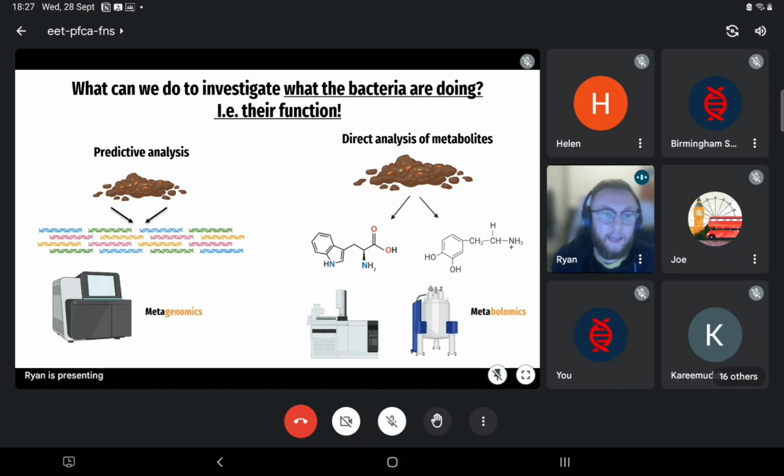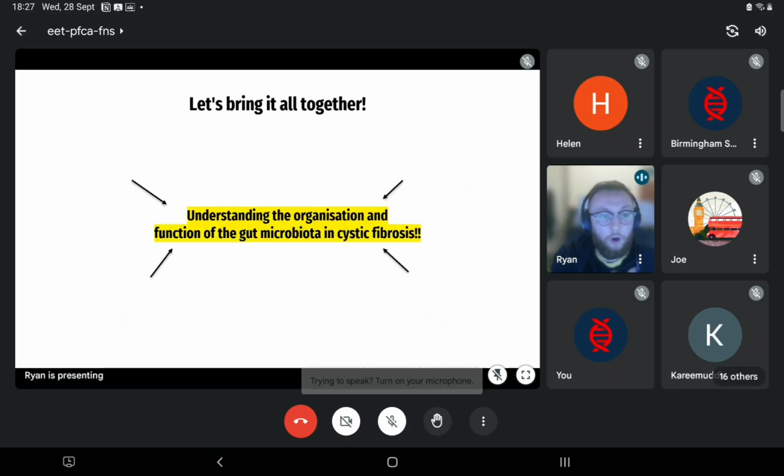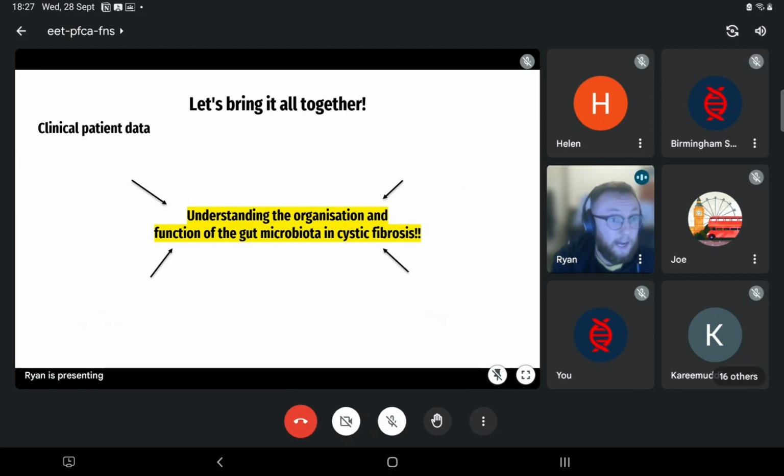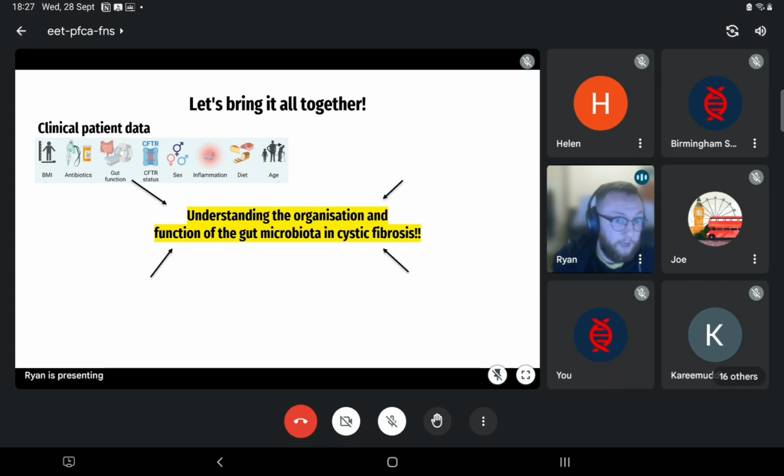So if we bring all of that together, if we want to understand the organization and the function of the gut microbiota in cystic fibrosis, we can take our clinical patient data: the antibiotics they're taking, the inflammation they have, the diet, their age, their BMI, their gut function, their CFTR status, what mutation they have, and how much function of the CFTR protein they have.